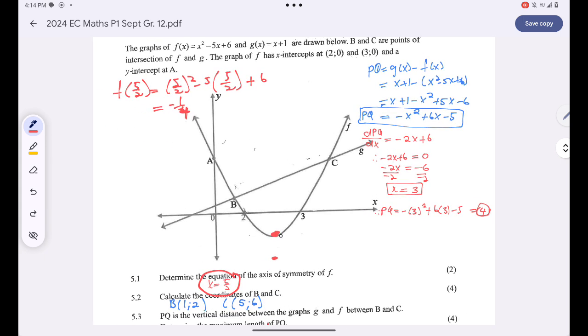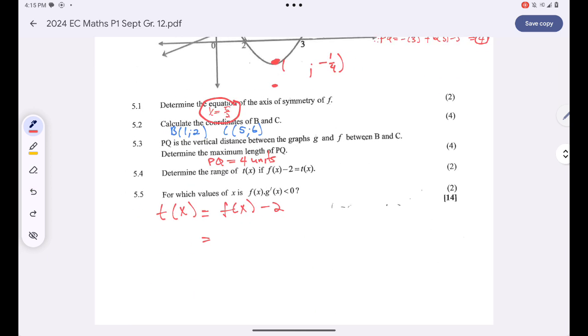So the turning point over there, guys, the minimum value, was just negative 1 over 4. If I'm shifting this 2 units down, I just need to subtract 2 from that value. So the minimum value for t of x will be equal to negative 9 over 4.